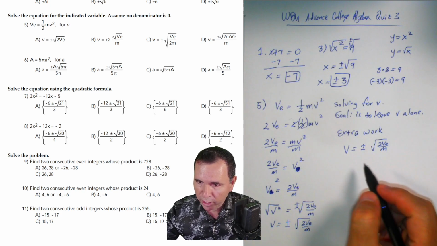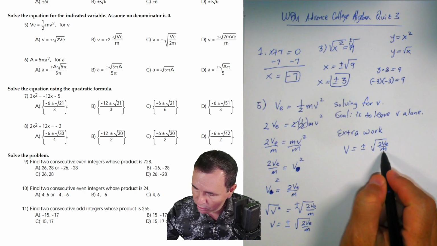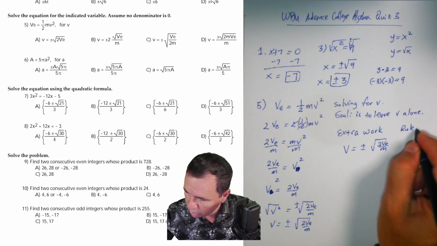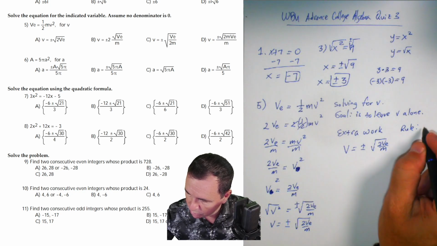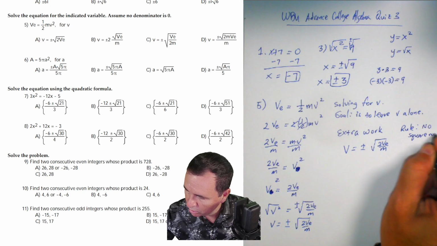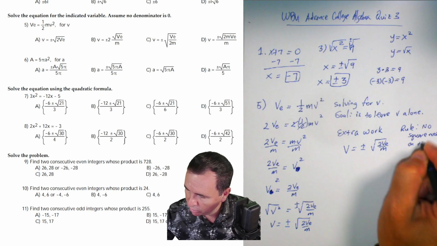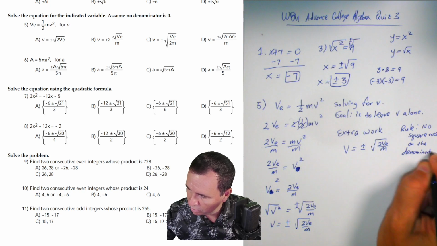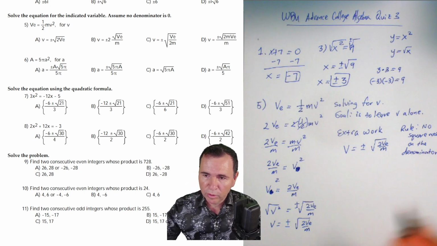Okay, so far we have this, right? But there's a rule. The rule is no square roots on the denominator. So we're going to have to do an extra step.